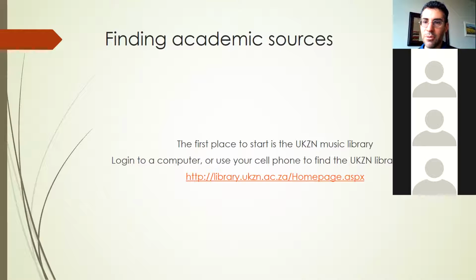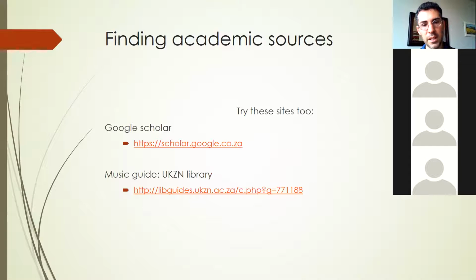These PowerPoint slides I will put up onto Moodle so that you can get these links if you want them, but otherwise you can simply on Google write UKZN library and you'd be able to get into the library. Okay. I've set here the Google Scholar, which we've looked at now, and then also the UKZN Music Library Guide. Now I'll just open that for you so you can see it.